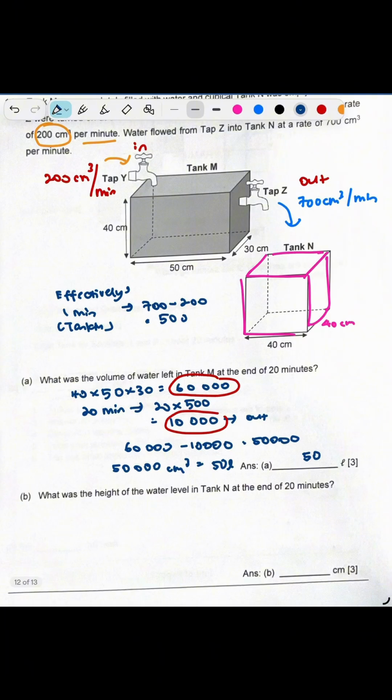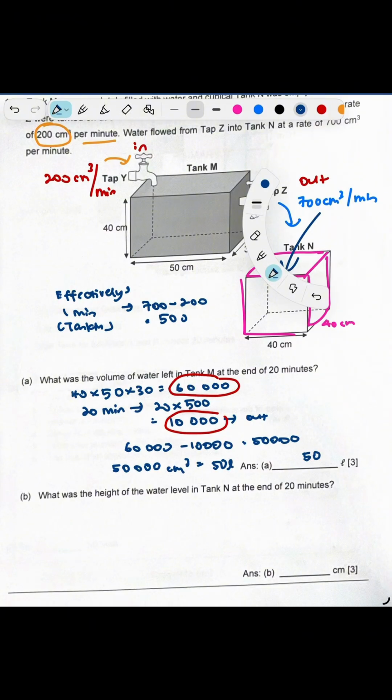What was the height of the water level in tank N at the end of 20 minutes? So you can tell that 1 minute 700 is inside. So 20 minutes, how much do you think?